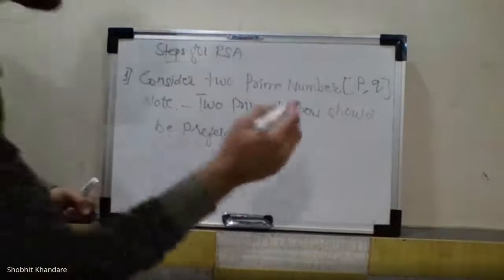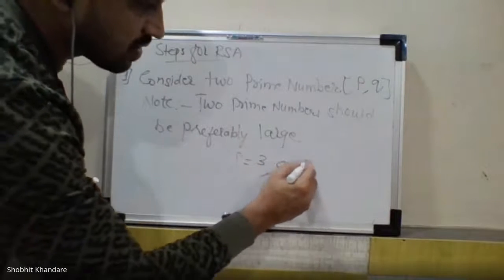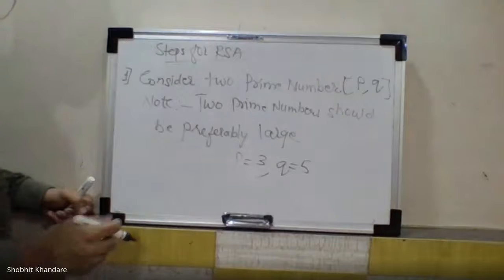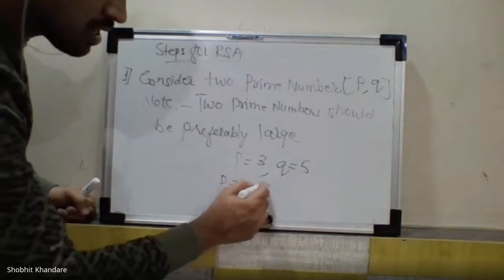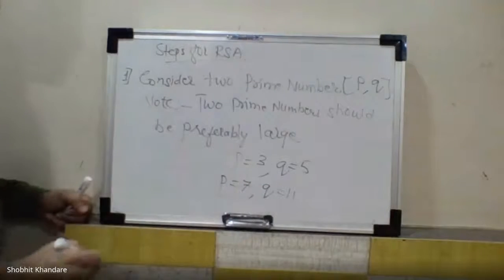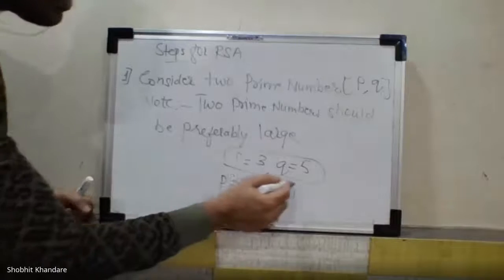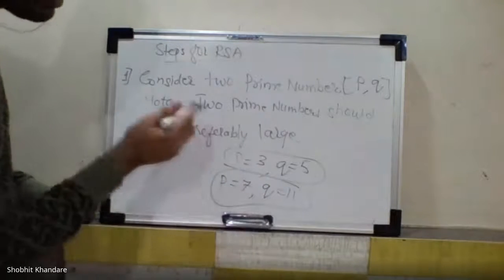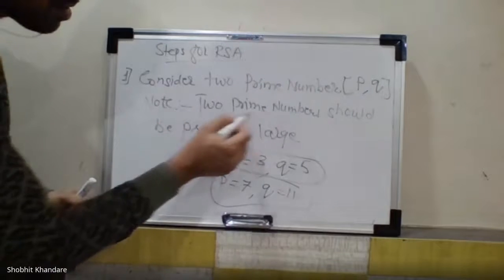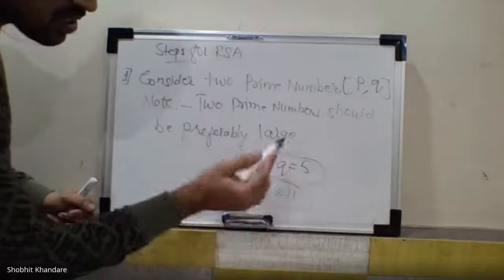For example, if I take P as 3 and Q as 5, and in the next example, if I take P equal to 7 and Q equal to 11, what will happen? As you have written in the note, the prime numbers should be preferably large. 7 and 11 are larger than 3 and 5.